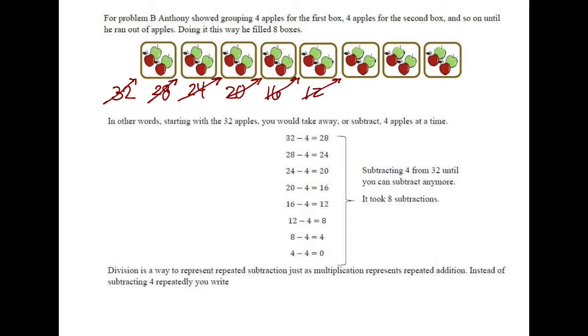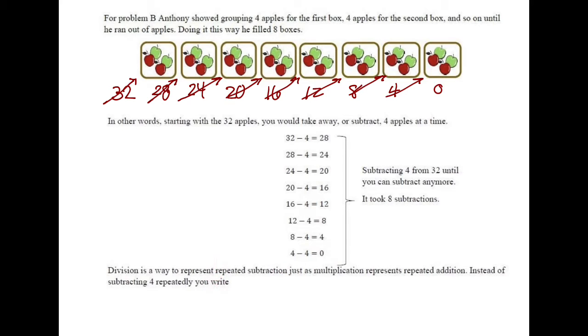You can see how our number of apples left is dwindling, right? You start with a big pile of 32, and you keep taking 4 away, all the way down until you have nothing left. Okay, that's what this is saying right here. This is called repeated subtraction.